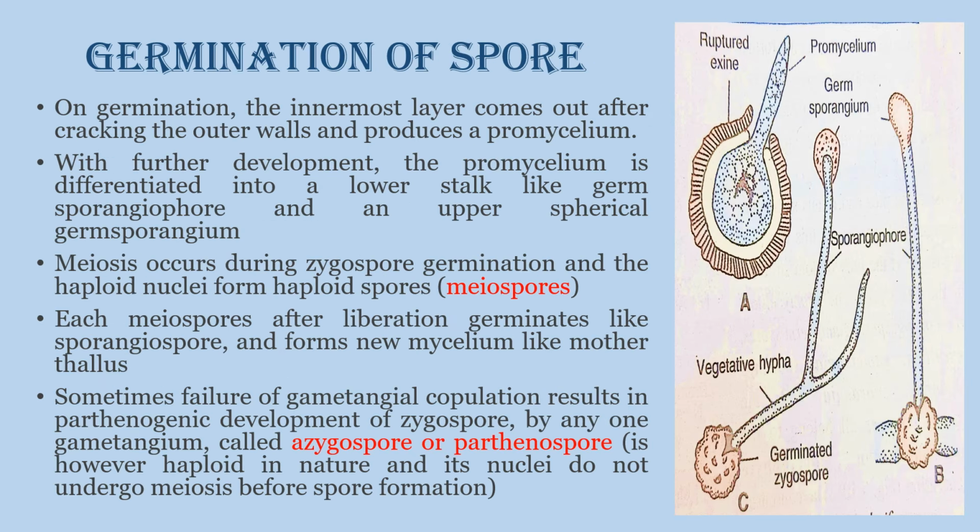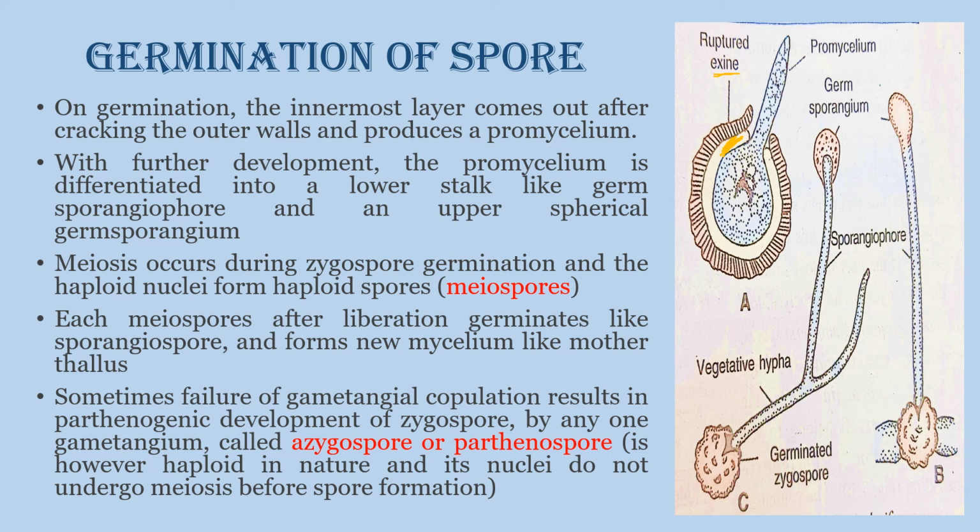Here is the picture. As we know, the zygospore was formed from the prozygospore only after it laid a thick wall. This thick wall consists of the outer exine and the inner region that I'm drawing in yellow, the intine.